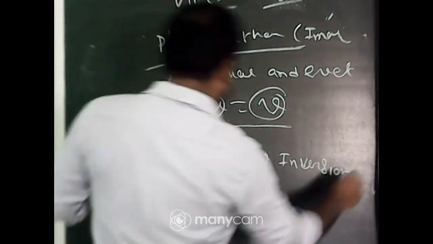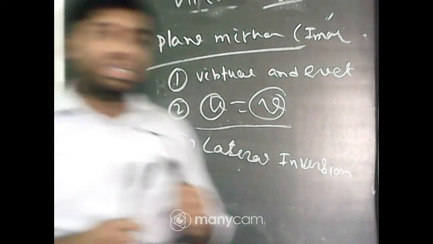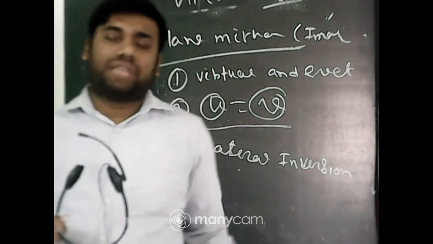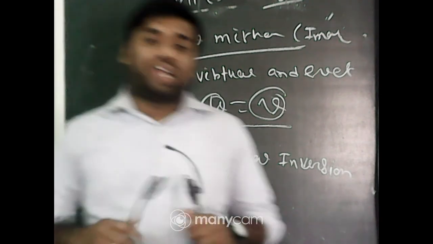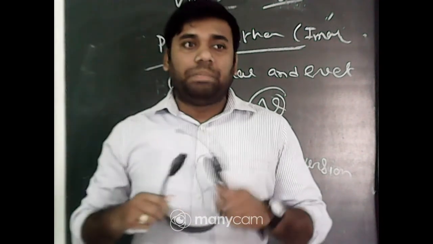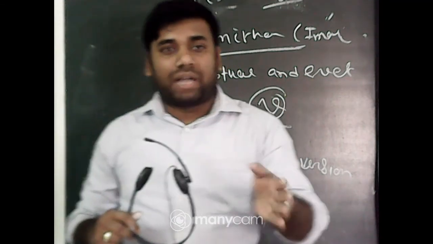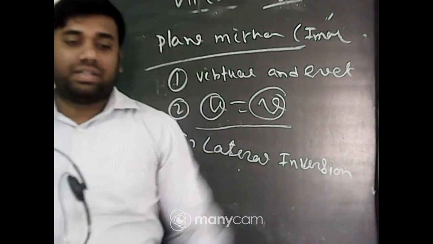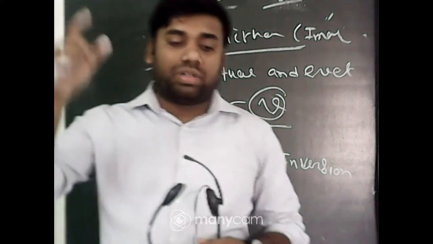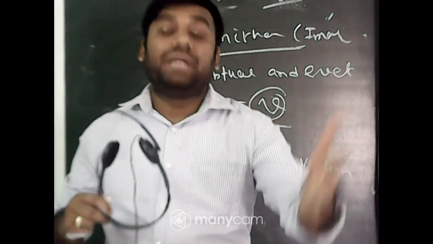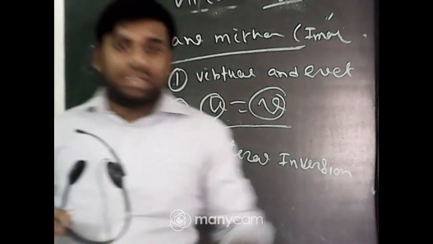What is lateral inversion? Students, if we stand in front of a plane mirror and just raise your right hand, in the mirror it seems that your image is raising its left hand. That is lateral inversion.